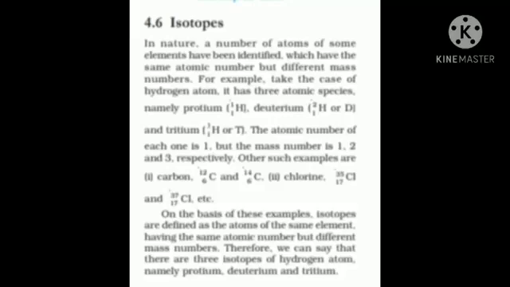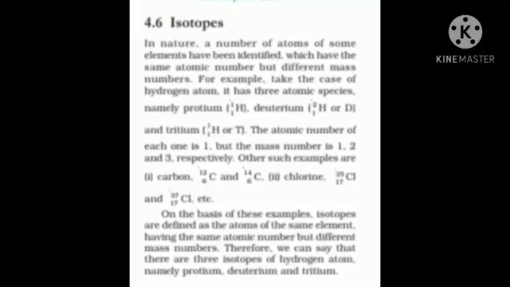Some examples are carbon with atomic number 6 but with mass numbers 12 and 14. Chlorine, atomic number 17, but with mass numbers 35 and 37.